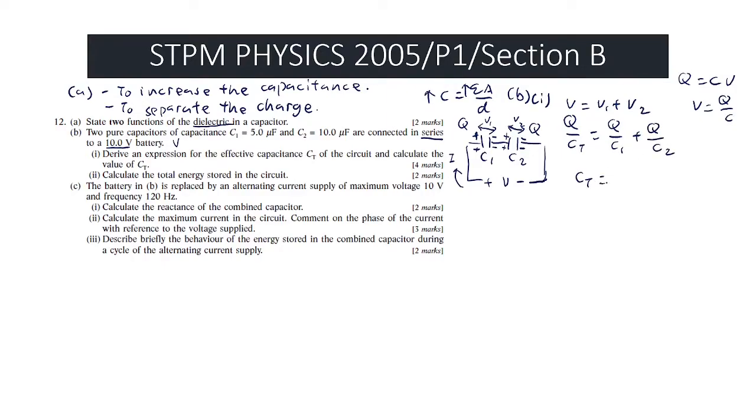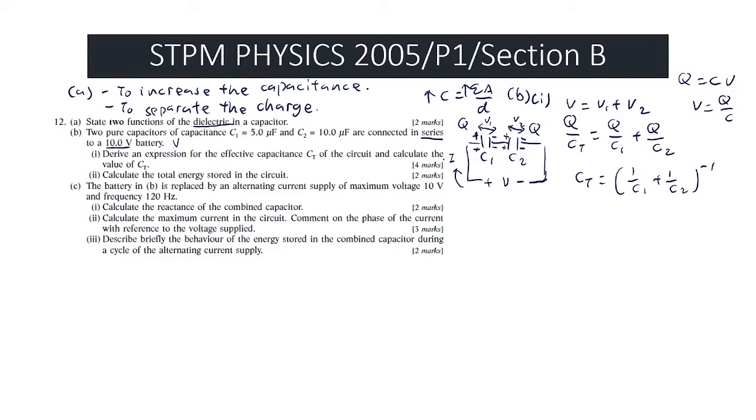So CT is equal to (1 over C1 plus 1 over C2) to the negative 1. And this is the expression for the effective capacitance.